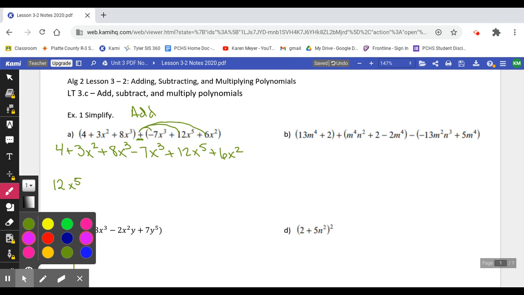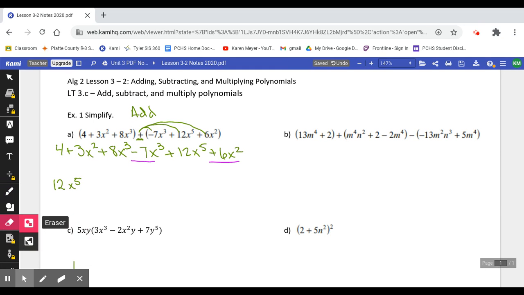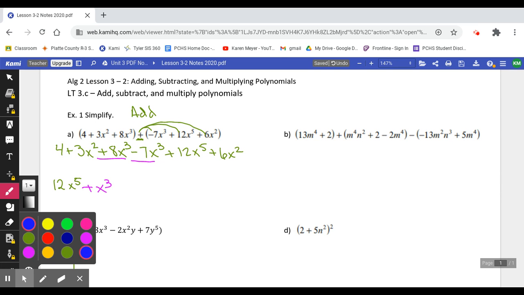There's no x to the 4th, but I do have a negative 7x to the 3rd and a positive 8x to the 3rd. So 8 minus 7 is 1x to the 3rd. Then we go to x squareds.